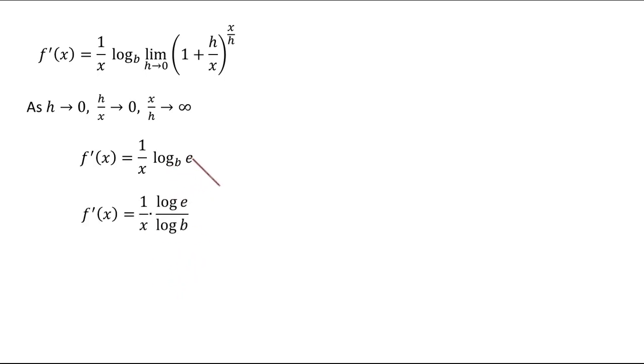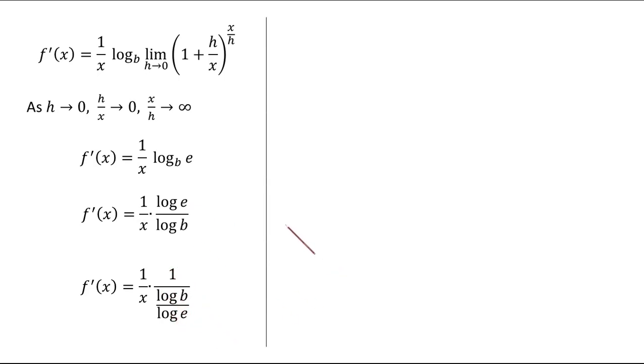Now we can write log e to the base b as log e upon log b, and we are taking common logarithms, as if to assume that we should have taken common logarithms in calculus. We can rewrite this as 1 upon log b to the log e, and 1 upon x into, now log b upon log e can be written as log b to the base e, and log b to the base e is nothing but the natural log of b.